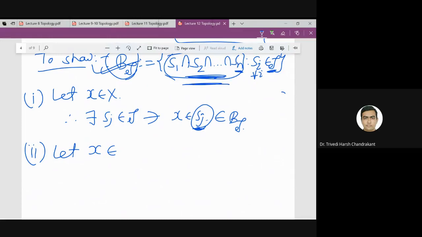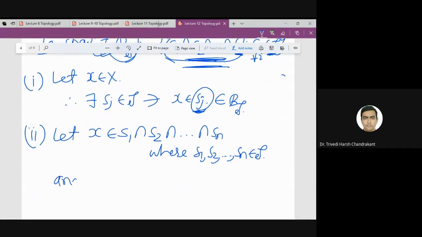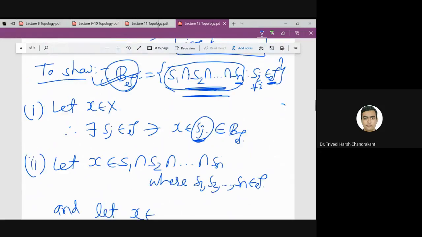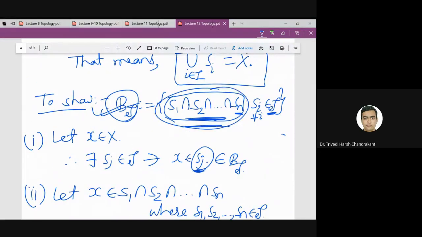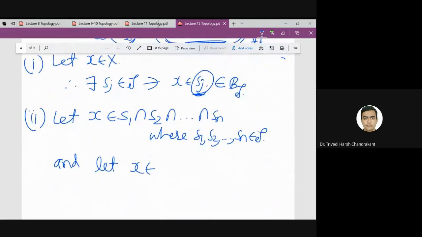B1 means some such intersection, so x belongs to, let us say, S1 intersection S2 intersection Sn, where S1, S2, Sn are finitely many sets of S, and let x belong to another such element. For another such element, n will be different and the sets may also be different.